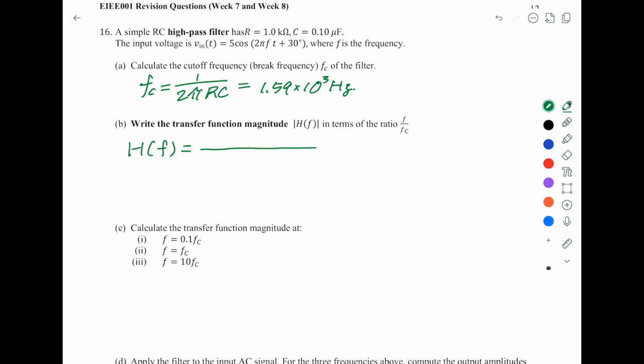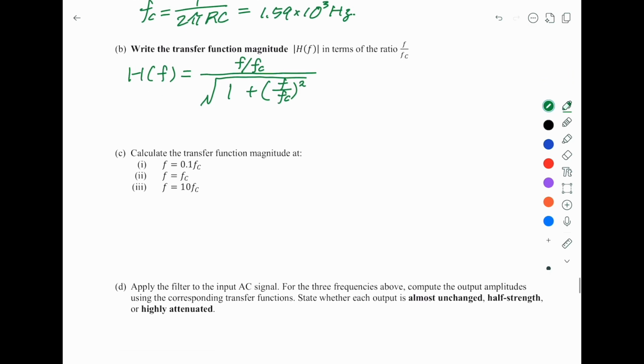The numerator is f over fc, the frequency over the cutoff frequency. The second part involves a square root: the square root of 1 plus (f over fc) squared. So this one is different from the low pass filter.